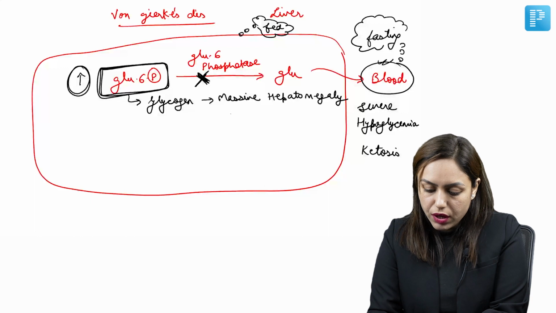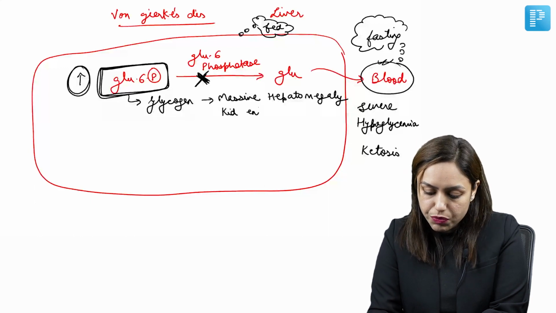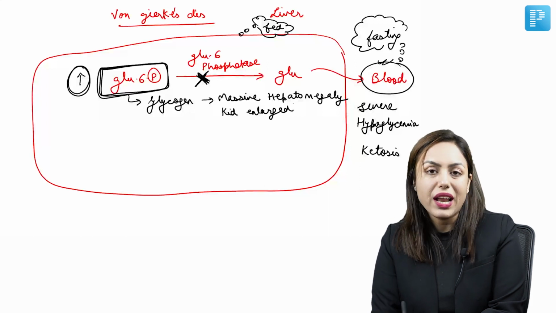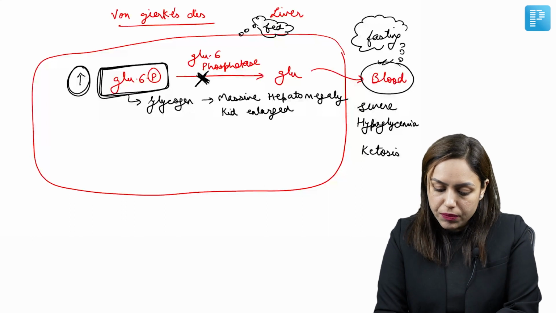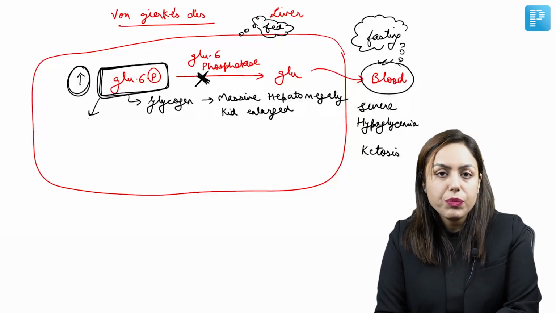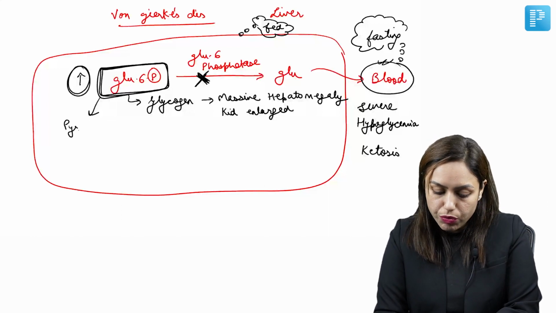But the spleen is not enlarged, and kidneys are enlarged in these patients, again due to glycogen deposition in kidneys, right?